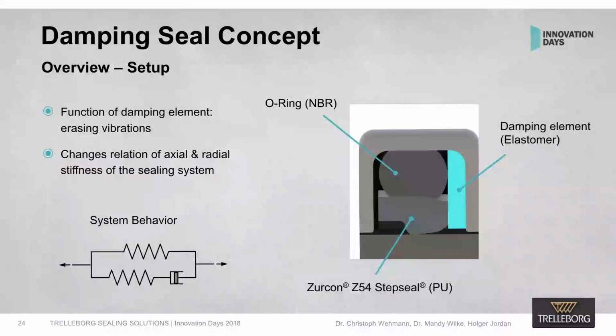In the team of Holger Jordan and Many Wilke, this damping seal concept was proposed, where a damping element is inserted in the groove behind the step seal. So in this place here, it's made of an elastomer, for example FKM, and by using this element, the goal is to eliminate stick-slip.